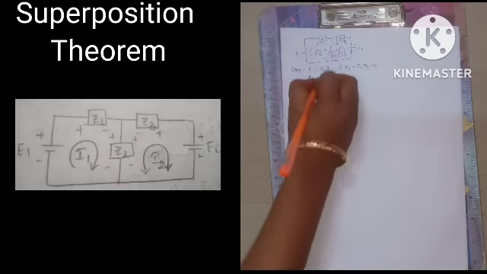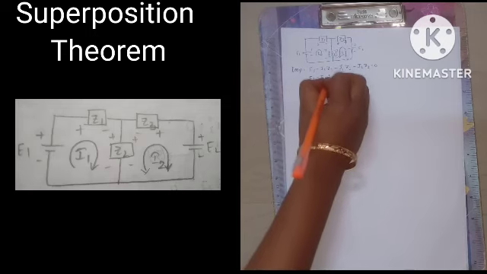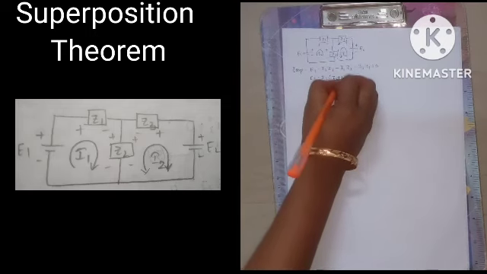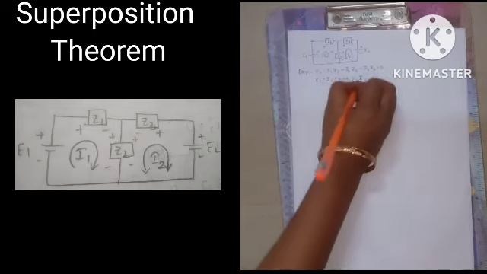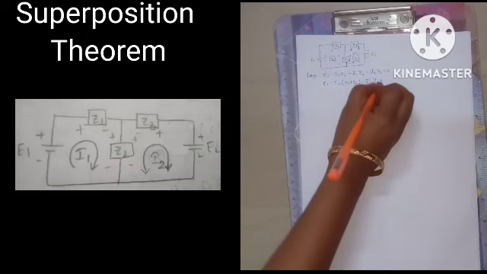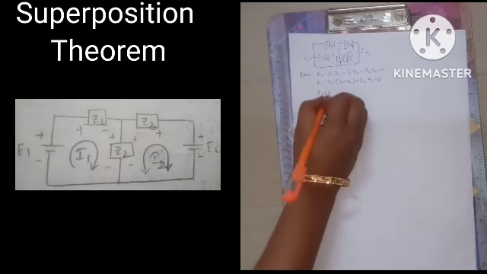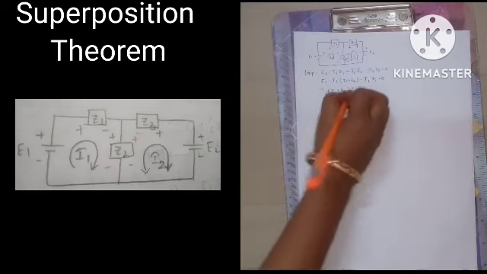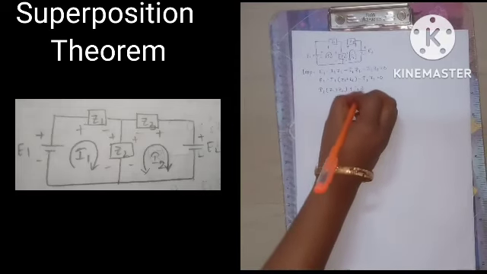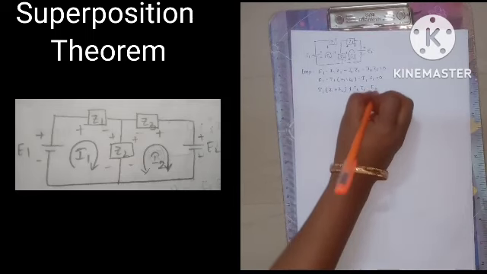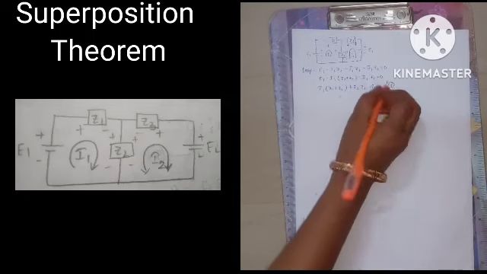So I1 into (Z1 plus Z2) plus I2 Z2 is equal to E1. This is equation 1.